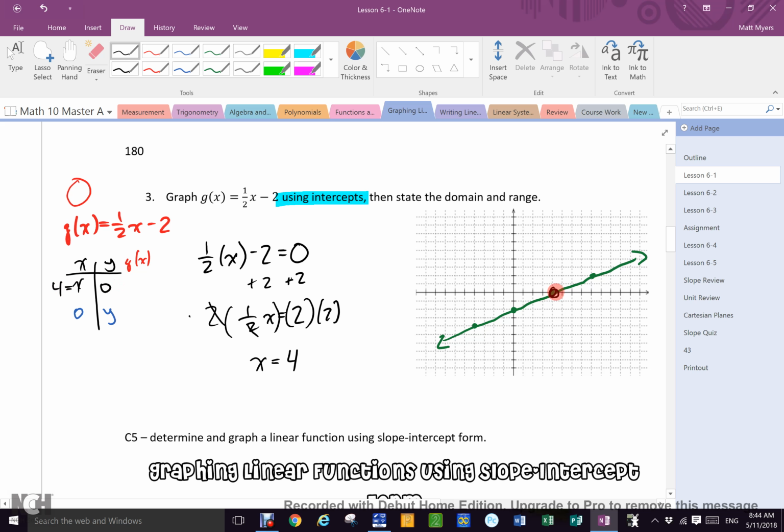That point right there. 4, 0. Cool? Then I would do the same thing on the other side. x is now 0. So I have 1/2 of 0 minus 2 equals y. What's half of 0? 0. What's 0 take away 2?